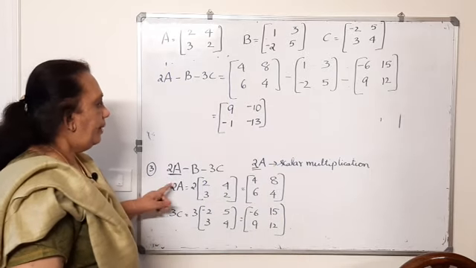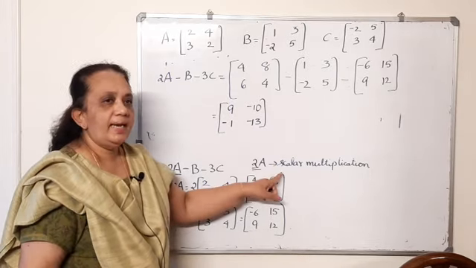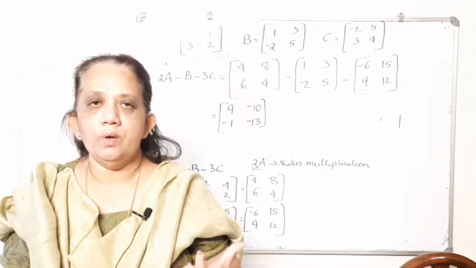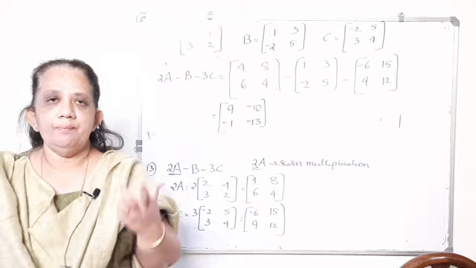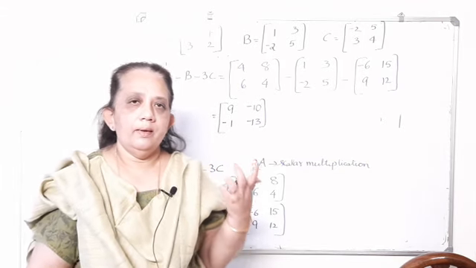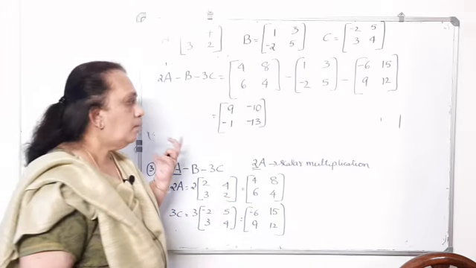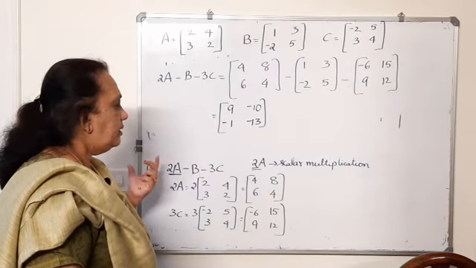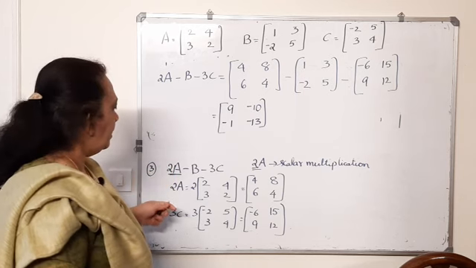So here we are making use of the application of scalar multiplication. That is, a matrix is multiplied by a scalar quantity. The scalar quantity can be integers, real numbers. Real numbers means it includes all real numbers, integers, fractions, and so on.